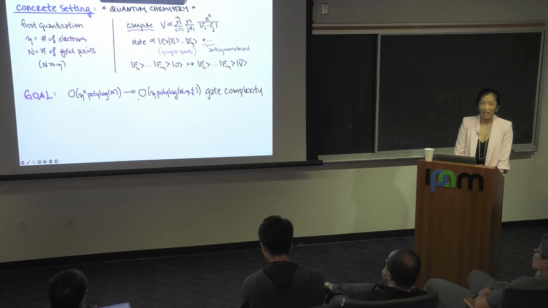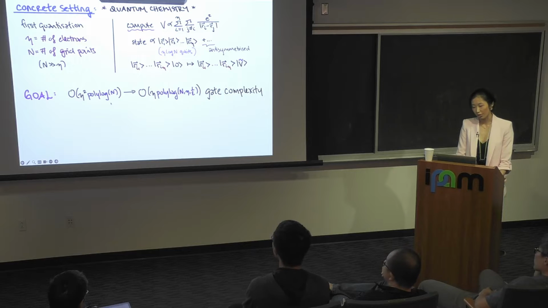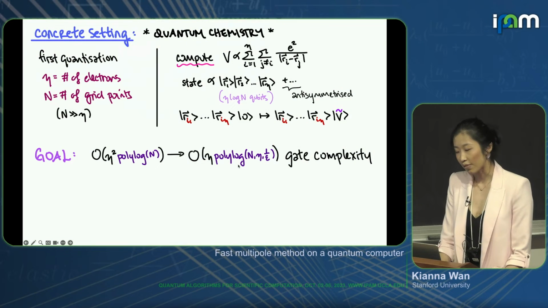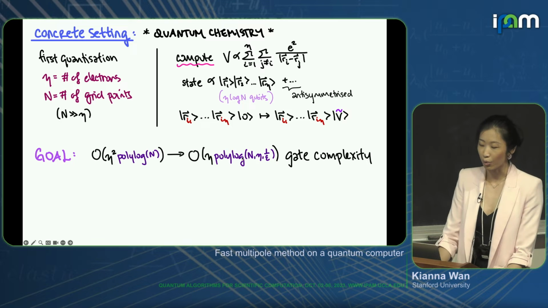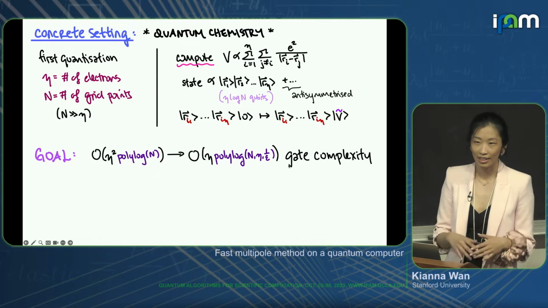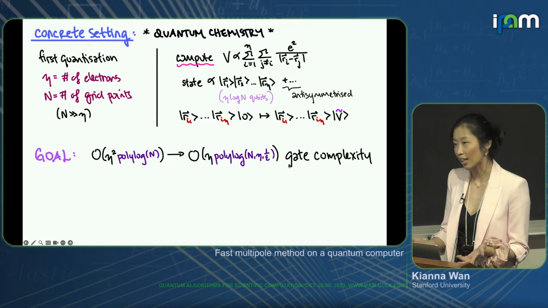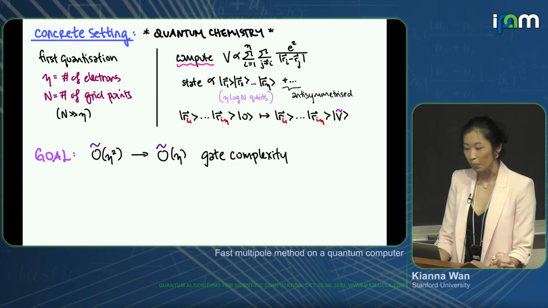Well, more precisely, direct computation has eta squared cost up to some logarithmic factors in n, because each electron position is represented using log n bits. And the complexity of FMM will also have some log factors in n, as well as in 1 over epsilon, where epsilon is the target accuracy. So FMM isn't going to compute the potential energy exactly, but it turns out that it can achieve arbitrary accuracy.